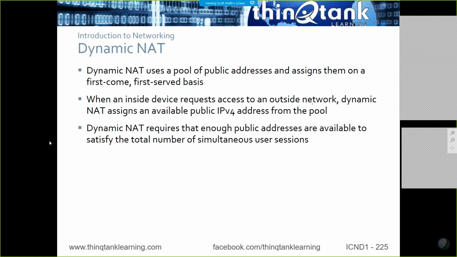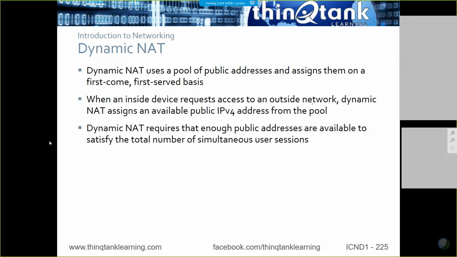So let's say that I have 500 hosts inside my network, but for some reason only 10 of those hosts need to go out to the internet at the same time. I would create a pool of 10 public addresses, and then whenever somebody wanted to go out to the internet, they would just borrow an address from the pool. When they're done going to the internet, they would release the address back into the pool.